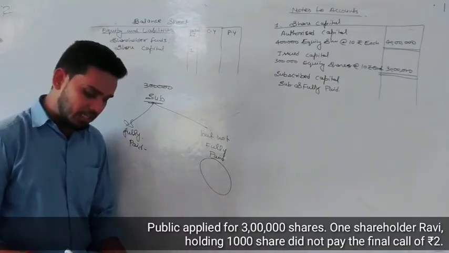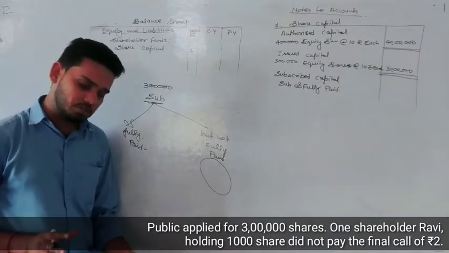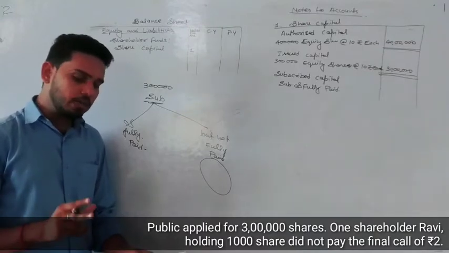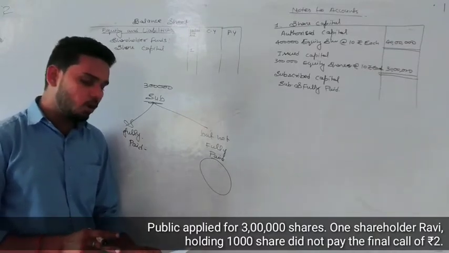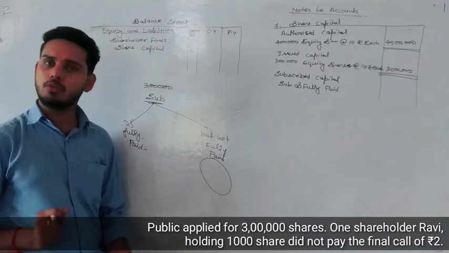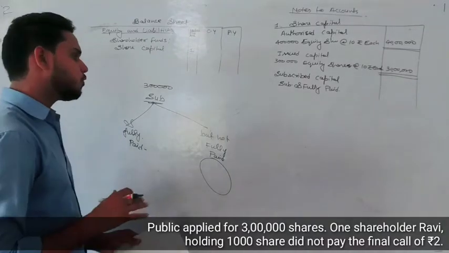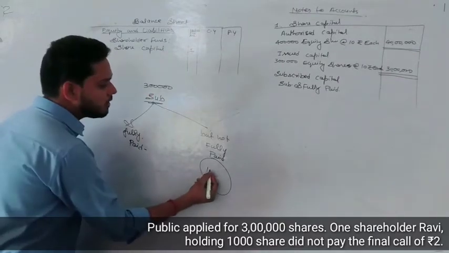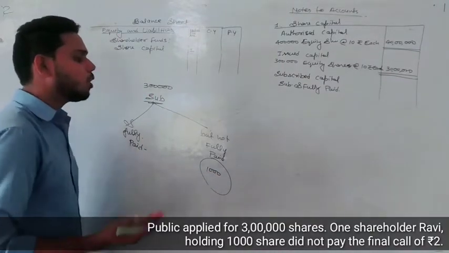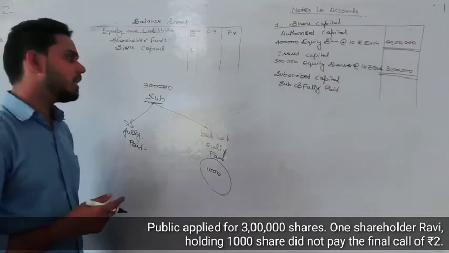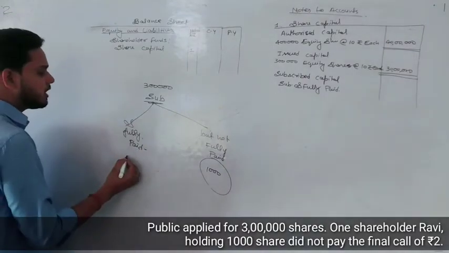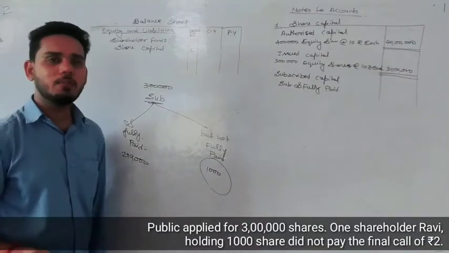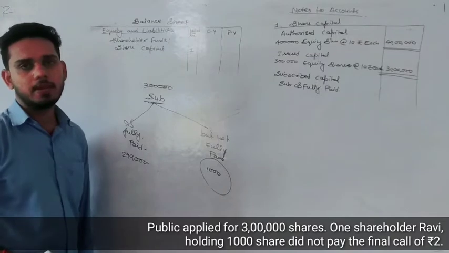Okay. So what is written here? That the public applied for 3 lakh shares. One shareholder, Ravi, holding 1,000 shares, did not pay the final call of 2 rupees. So I hope it is clear from this statement that from this total of 3 lakh shares, 1,000 shares are not fully paid. So we can say that on 2,99,000 shares we received all the money, and that is fully paid.